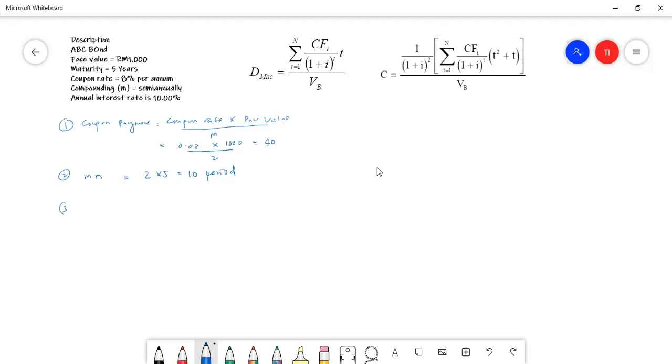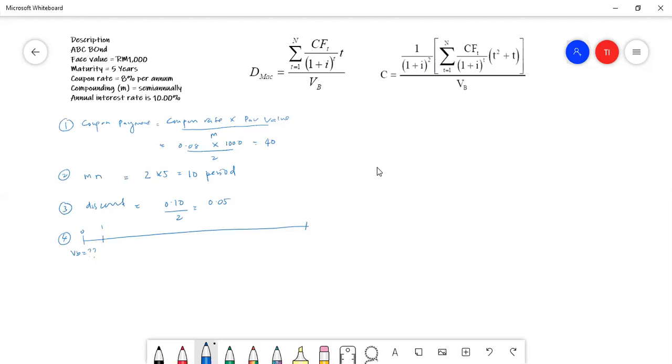And the third is about the discount rate or the yield itself. Since the rate is 0.10 per annum, we divide by 2, therefore 0.05. And the fourth step is to draw the timeline. The bond value is at time 0, this is what we need to find.